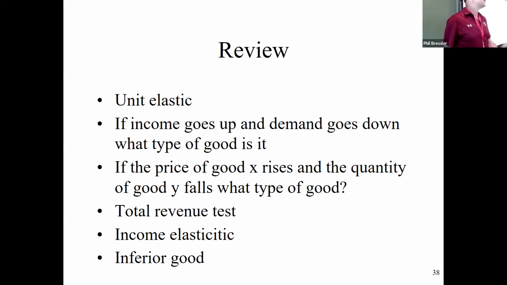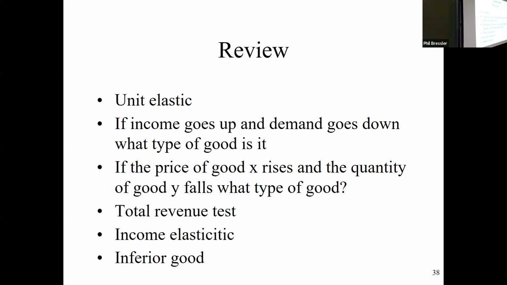Anything up here you or your partner would like clarification on? Okay, so the formula is, what's always on top for every formula? Quantity demanded. If it's about income, what do you think's on the bottom? Percentage change of income.